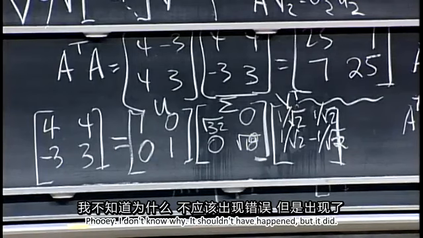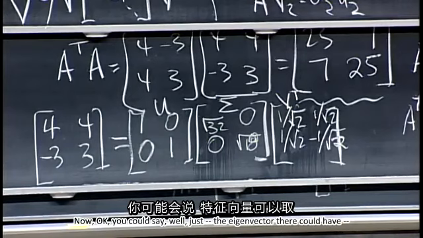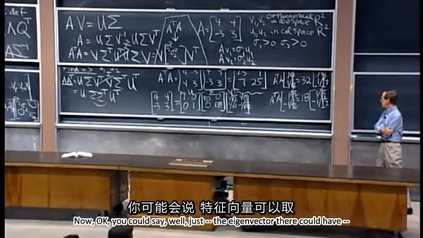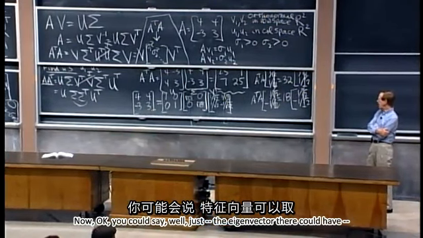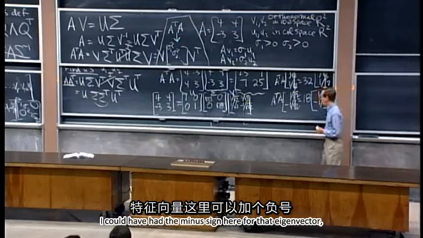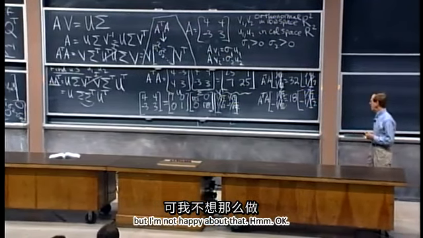Phooey. I don't know why. It shouldn't have happened, but it did. Now, okay, you could say, well, the eigenvector there I could have had the minus sign here for that eigenvector, but I'm not happy about that.